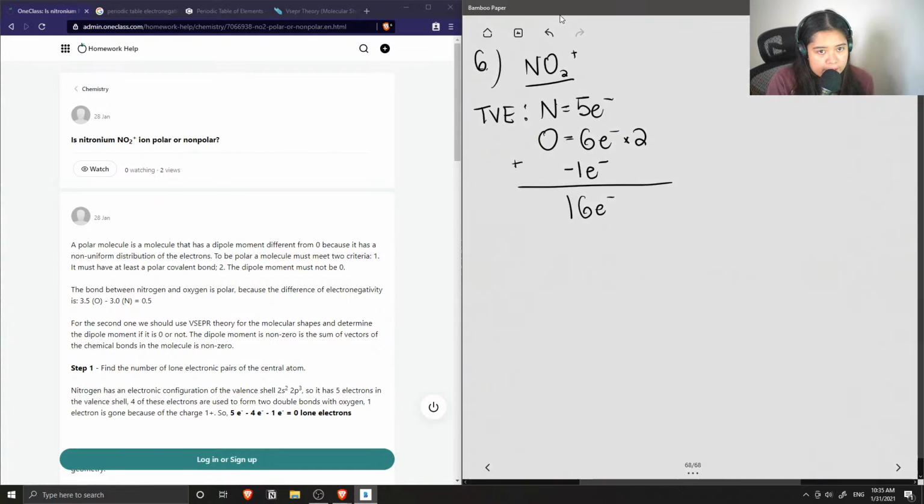And now we need to draw out a skeletal structure for this compound. So nitrogen will be our central atom. And I'm just going to draw 2 single bonds to the oxygens. And let's show all the lone pairs and count out how many electrons I've drawn so far.